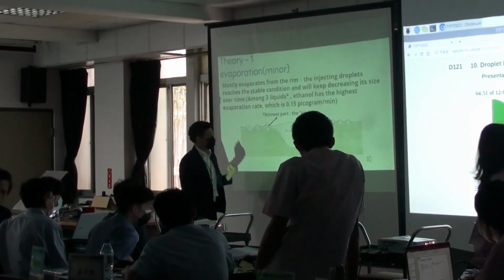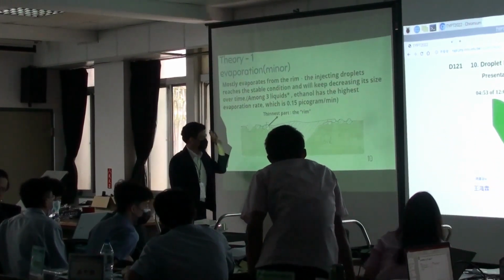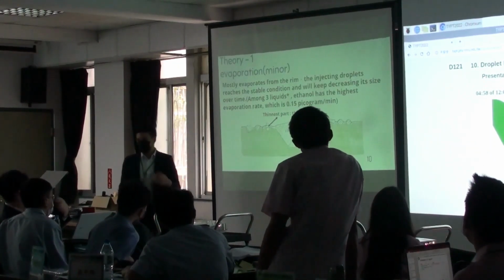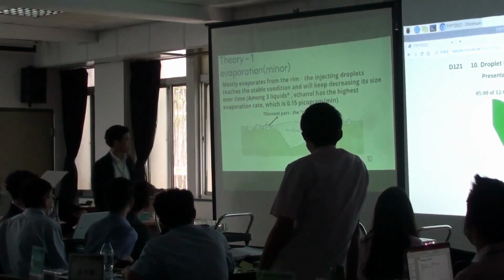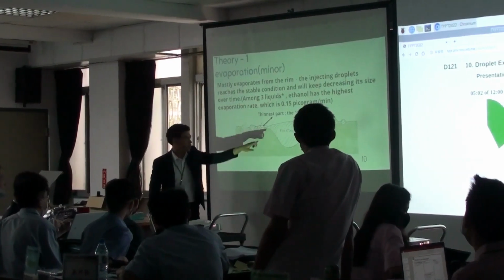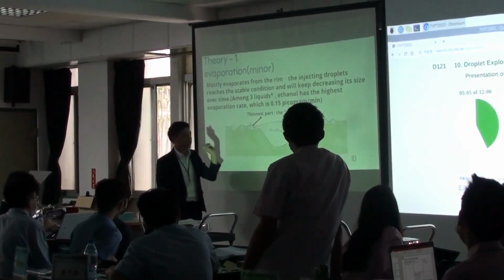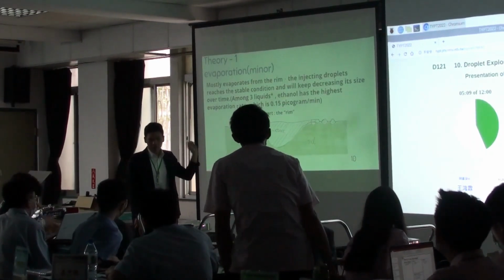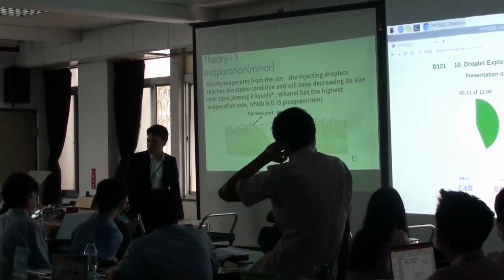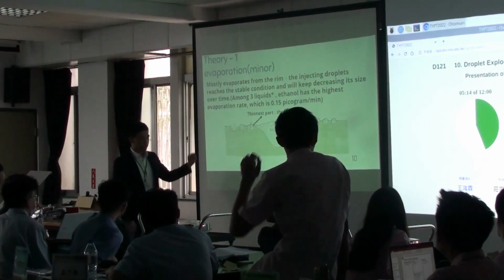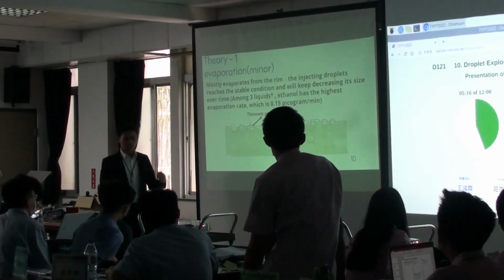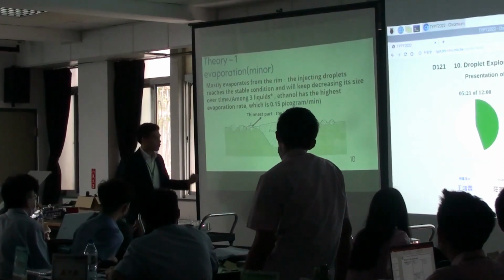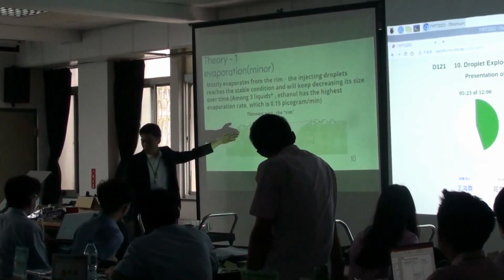The evaporation theory thinks that at this place, the evaporation is enough to create a break in this connection and thus release a droplet. And this theory will really depend on the mixture that is used with the water. For example, if it's ethanol or isopropyl alcohol, the evaporation rate differs because of the difference in their properties.